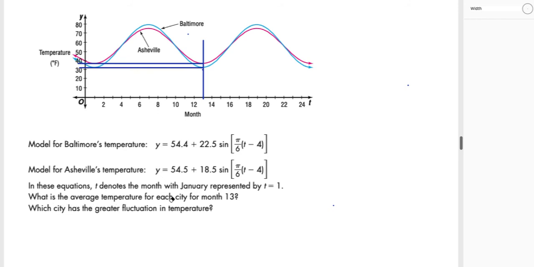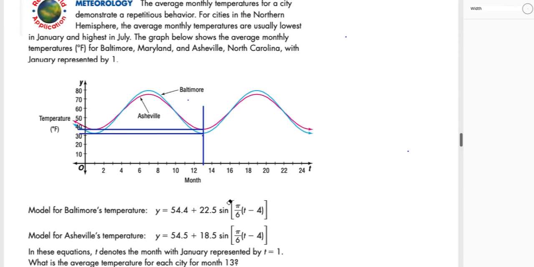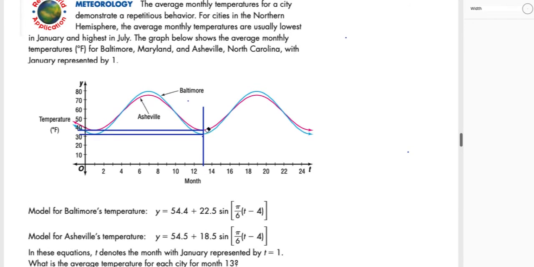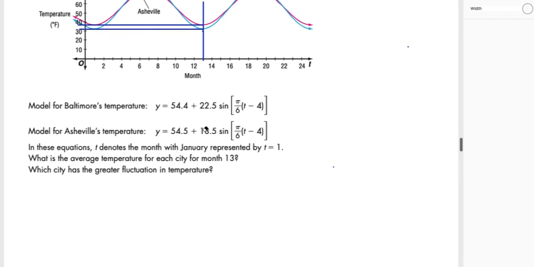What is the average temperature for each city for month 13? We just go to month 13, which is here, and we can see that the average temperature for Baltimore is about 32 degrees, and the average temperature for Asheville looks to be about 37. Let's write that down.